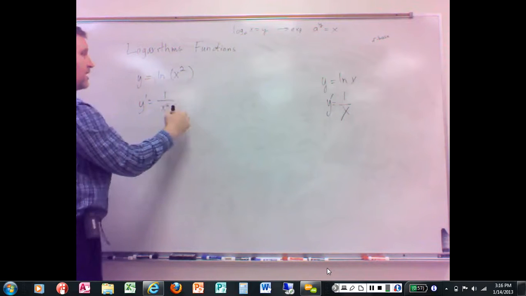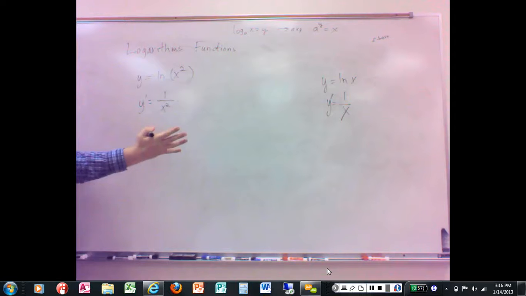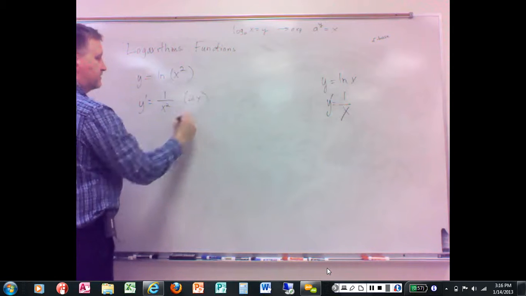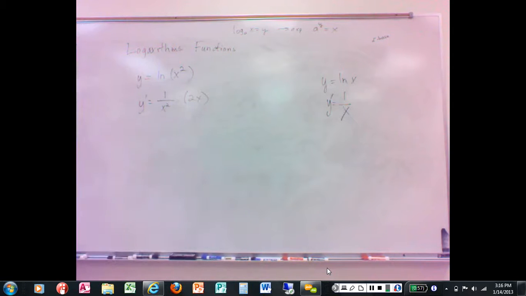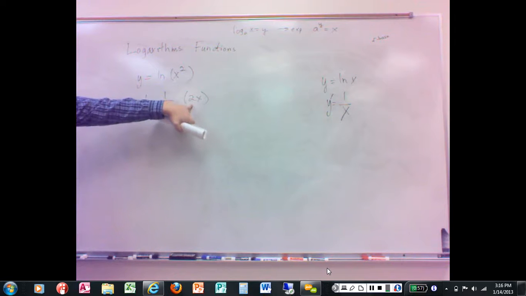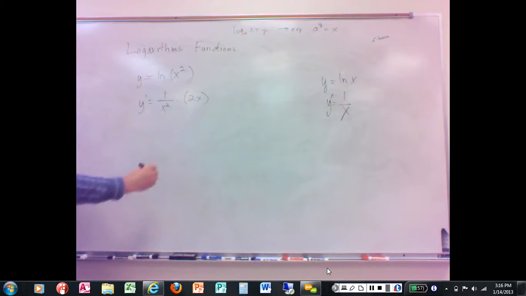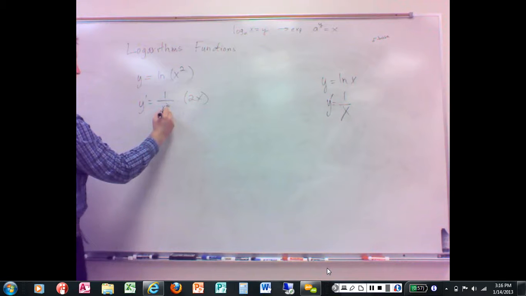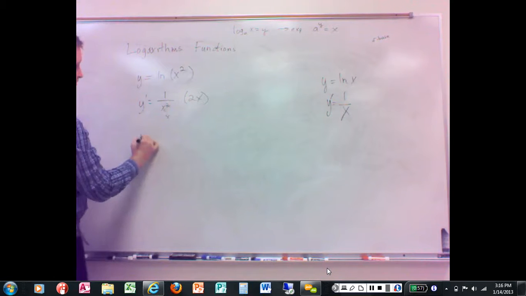And then I'll have to multiply by the derivative of the inside, 2x. You with me on that? The derivative of this natural log thing is 1 over this, which is x squared. Then I have to do the derivative of the inside, which is 2x, and then simplify the x. So it winds up being 2 over x.